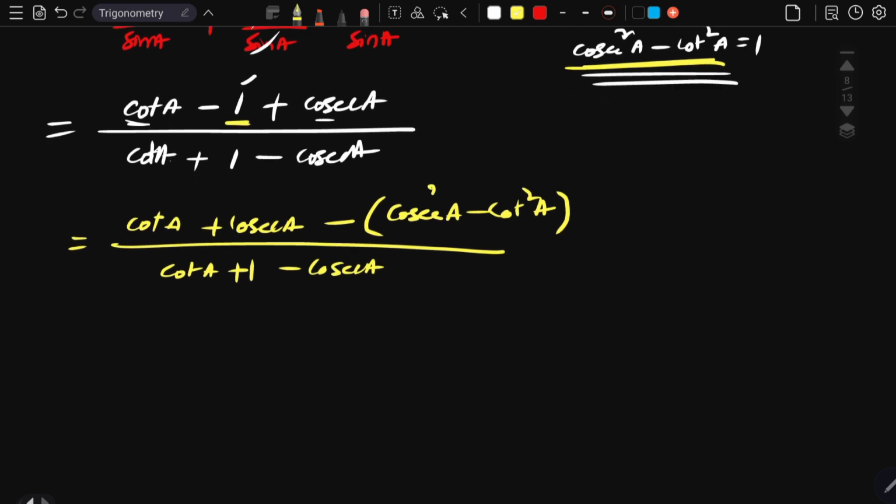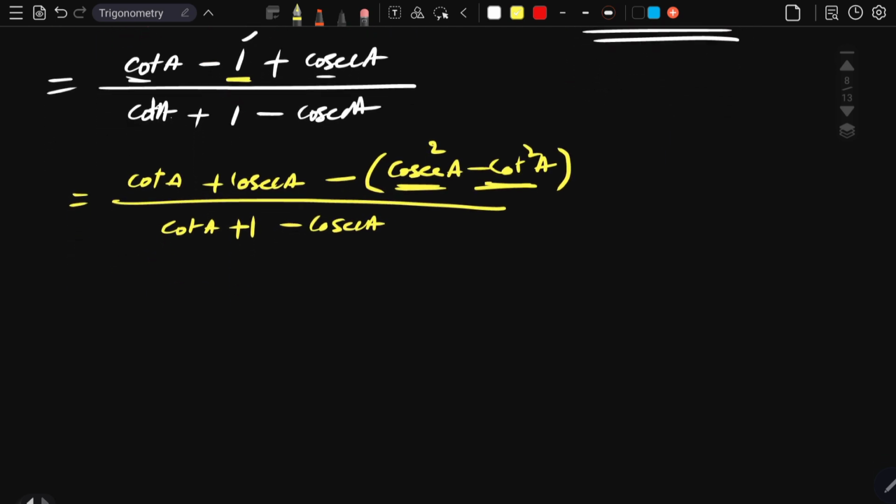Now this is cosecant square A minus cot square A, so just write it in the A plus B into A minus B format.